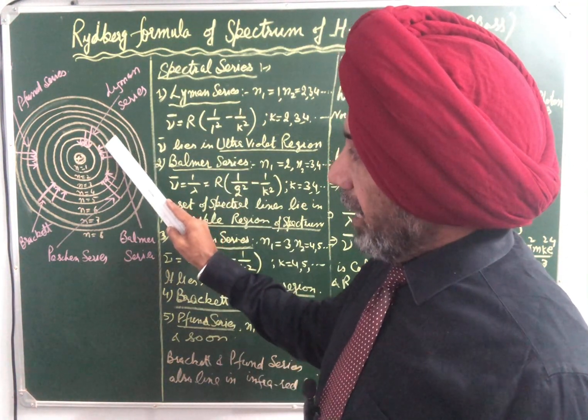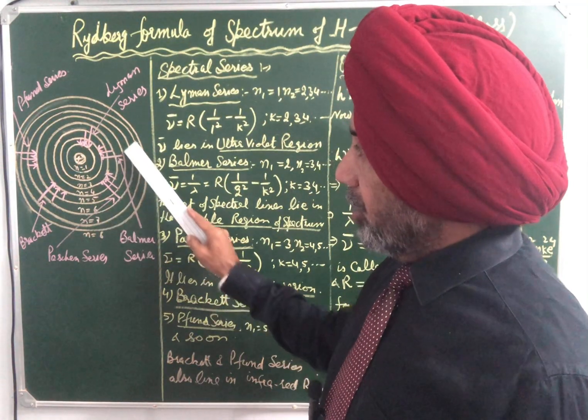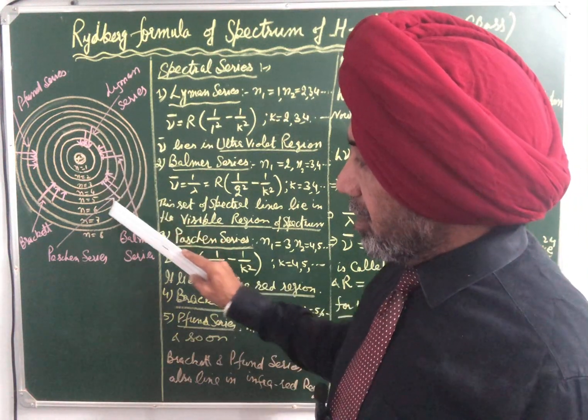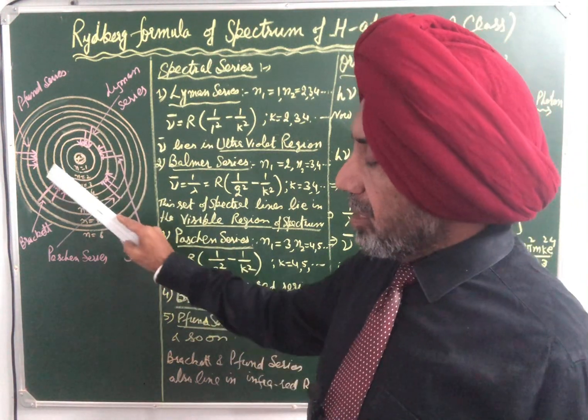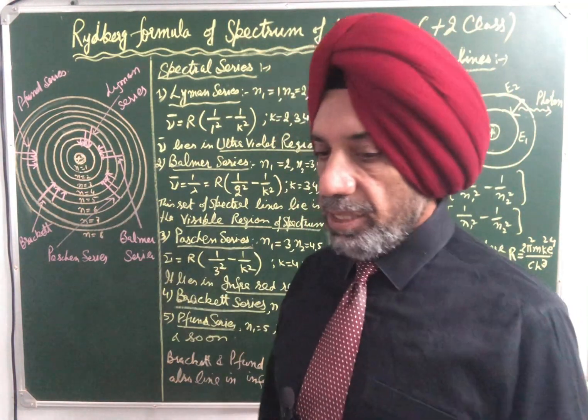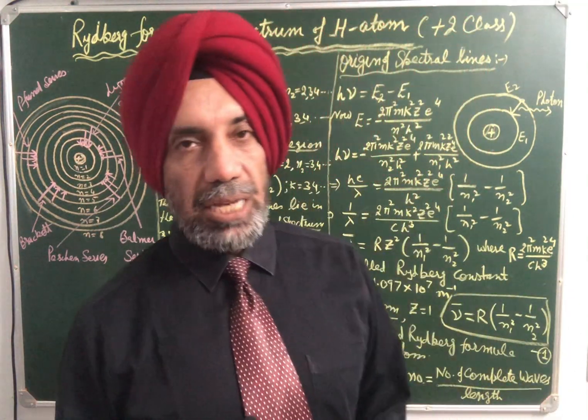When an electron jumps from any higher orbit to n equal to 2, this group is known as Balmer series. Similarly, this is Paschen series, this is Brackett series and this is Pfund series. So all these series can be shown in a simple way on the diagram as shown in the figure.